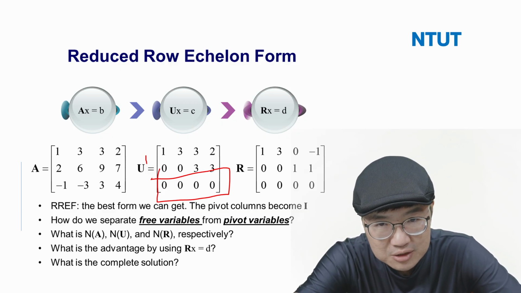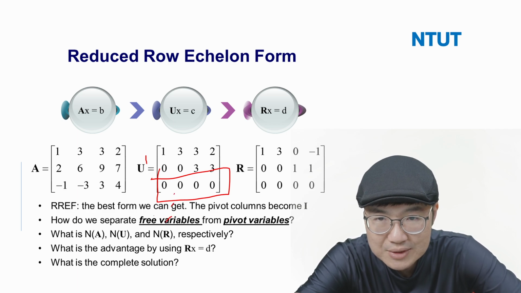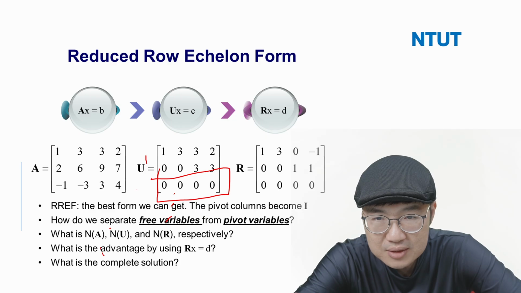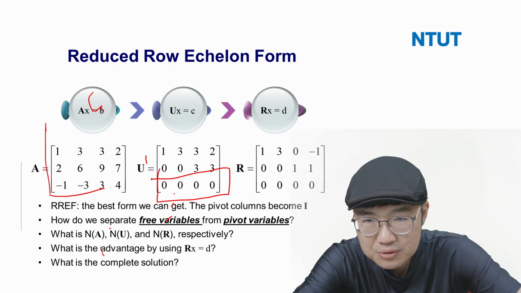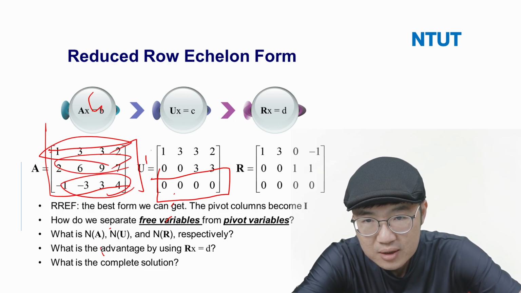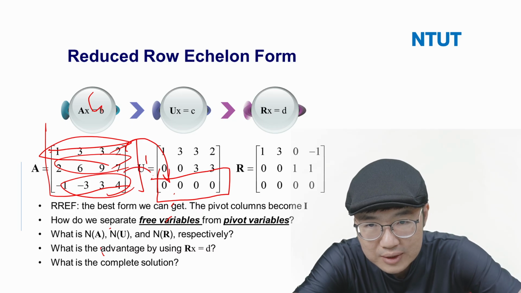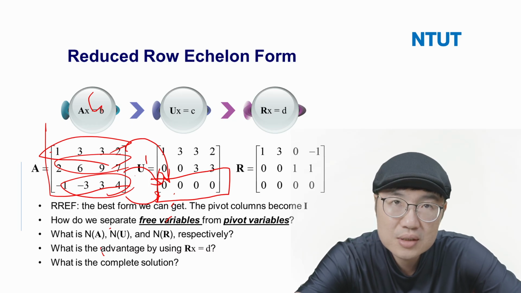Yeah, it has to fulfill some conditions, but with (1, 3, 3, 2), (2, 6, 9, 7), and (-1, -3, 3, 4) as 3 rows here, how do the 3 rows be synthesized into 0?